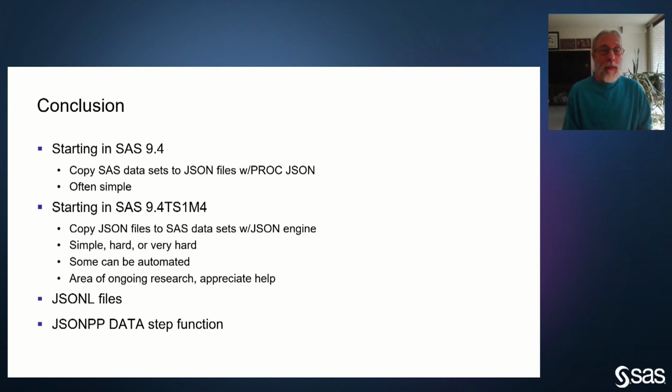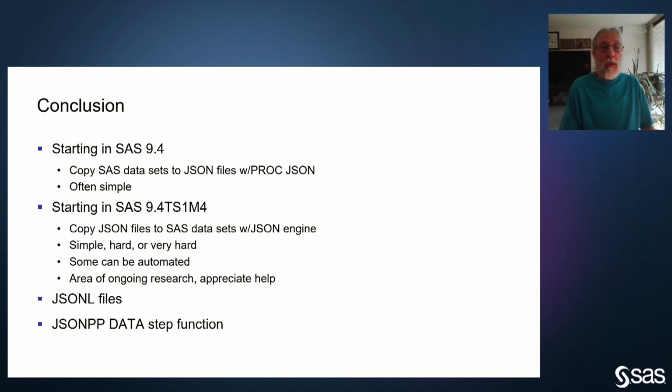Okay, now here's my conclusion. And again, I want to say, I feel like I've been in uncharted territory here. I haven't seen much about JSON anywhere, and I'm still working on this. I'm still learning, and I'm hoping to learn from you. But I can tell you that starting in SAS 9.4, we can use PROC JSON to copy SAS datasets to JSON files. Not too hard to do, as you saw in most cases.